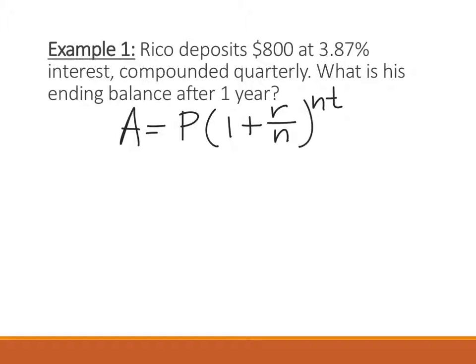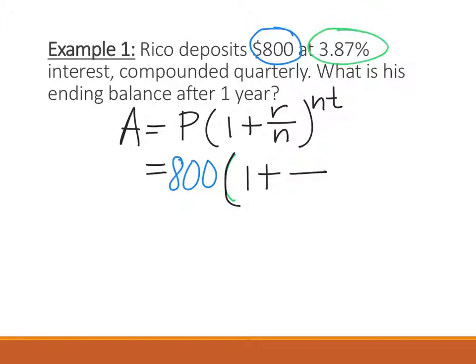To solve, I'll replace P with the principal. The principal is $800, so I'm going to replace my P with principal, $800. I'm going to replace R with the interest rate. The interest rate is 3.87%. When I place this into the formula, I actually change it to a decimal value.